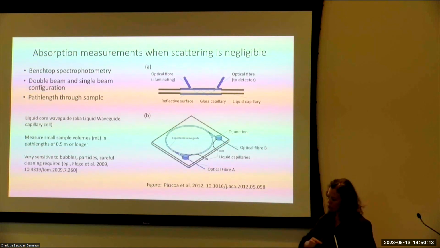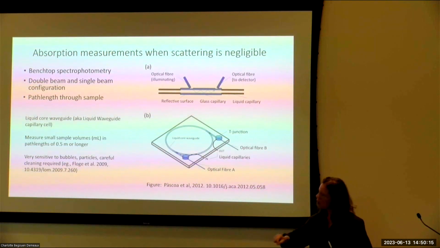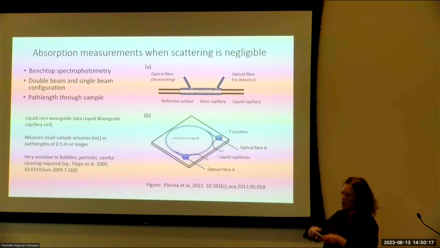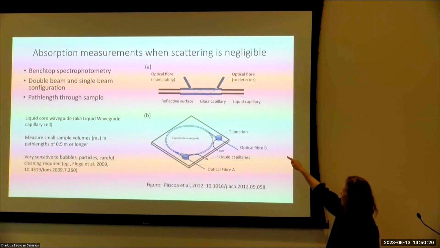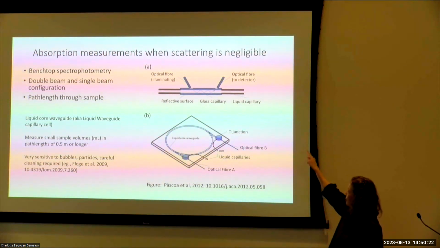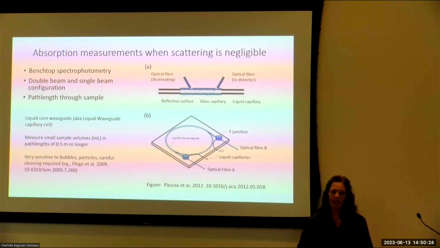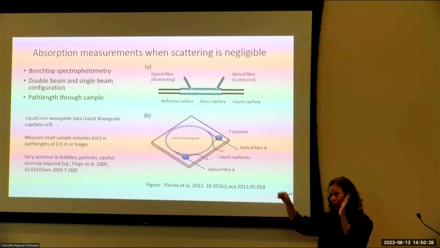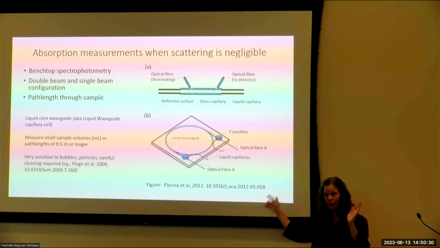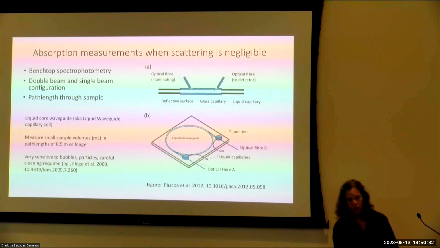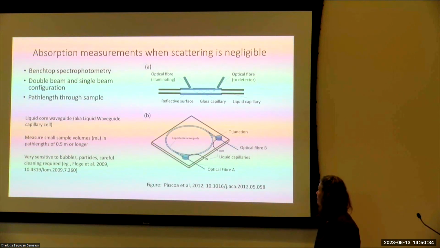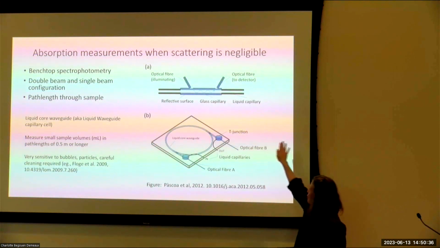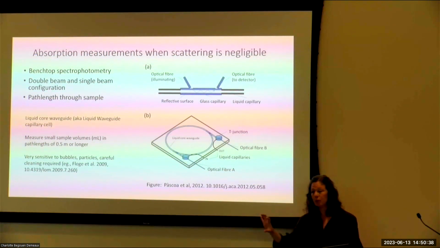So you run your sample through the tube and light comes in and bounces around down the length of the tube and then out again to a detector. And you can characterize that bouncing to figure out what the effective path length of your tube is and determine the absorbance that way.